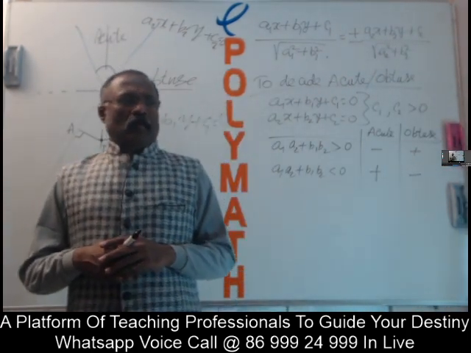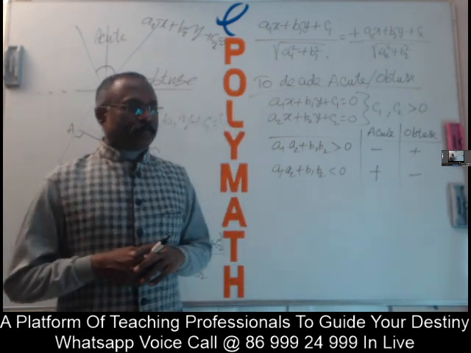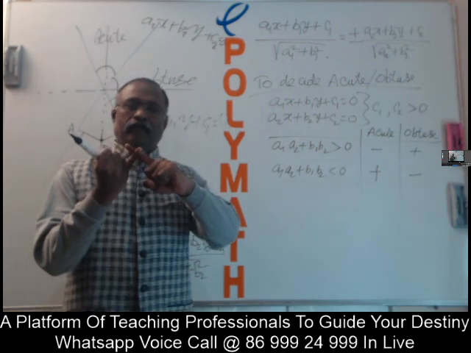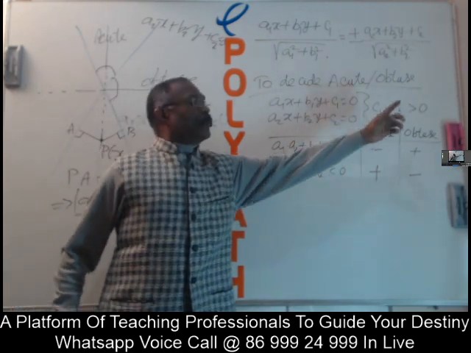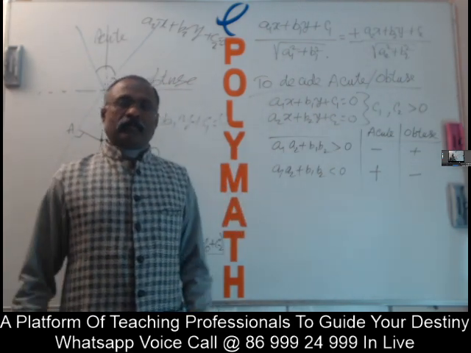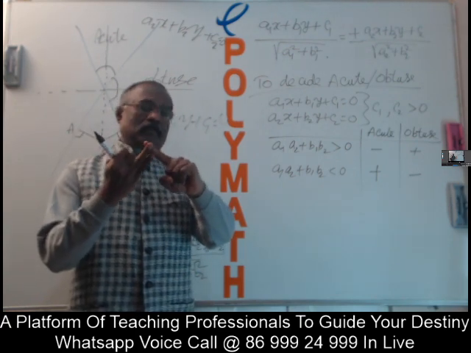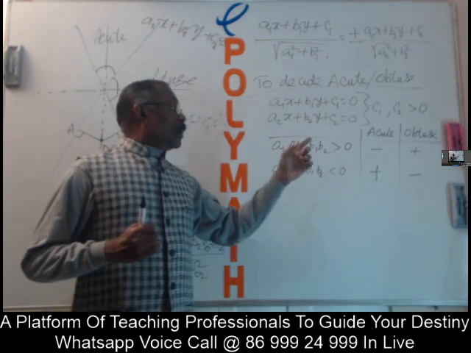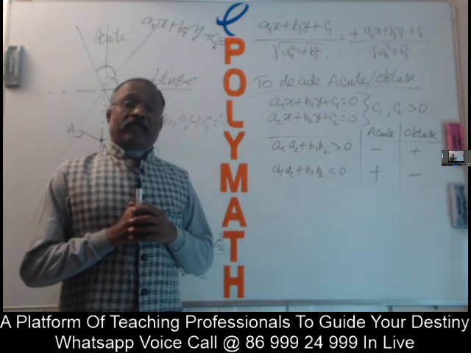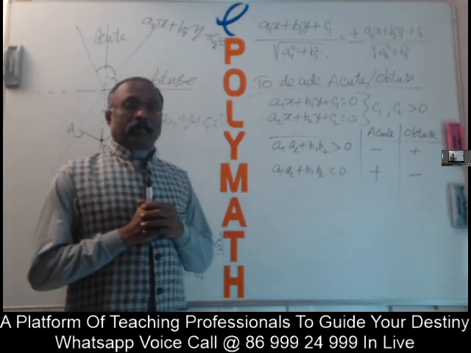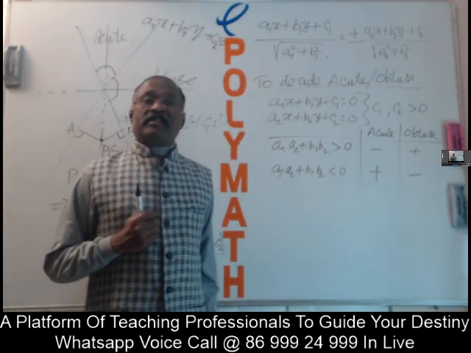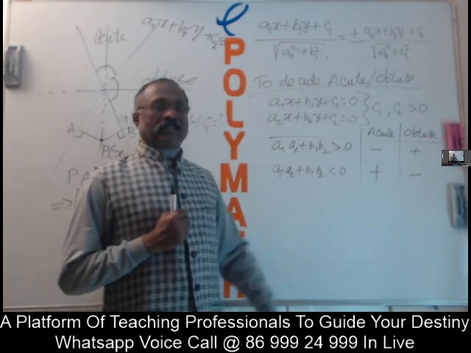So what is step 1 you have to remember in this case? Step 1. Make C1, C2 greater than 0 always. Step 2. Find out A1, A2 plus B1, B2. If it is positive, by taking minus here, you will get acute angle bisector.